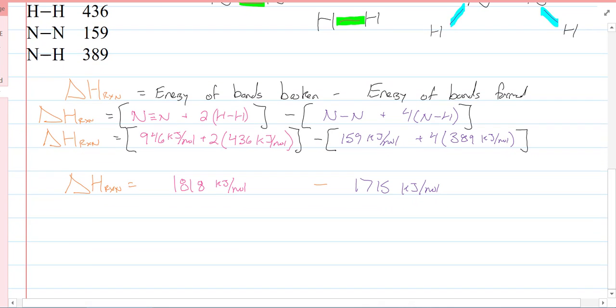If I break it down, I get 1818 for the energy of the bonds broken, and I get 1715 for the energy of the bonds formed. I have to subtract the two. So 1818 minus 1715, I would get 103 positive. So positive 103 kilojoules per mole.